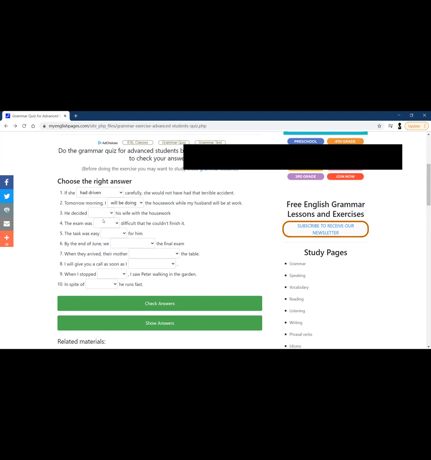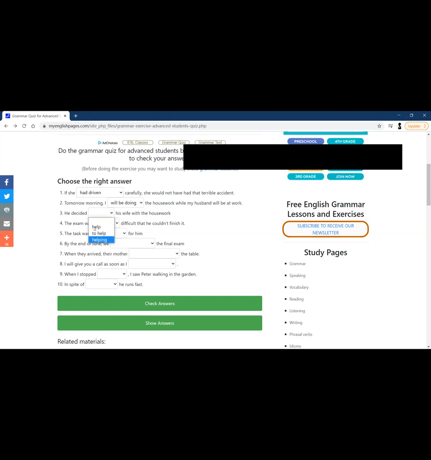And for the next one, he decided help helping his wife with the housework. Do you remember the thing I just taught you, infinitive form and gerund?